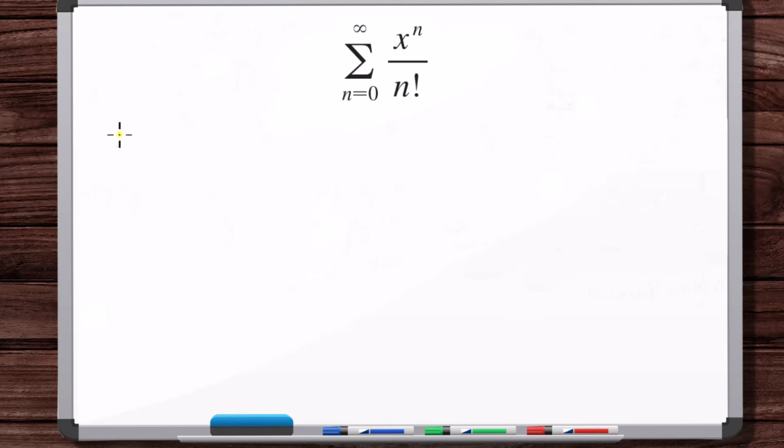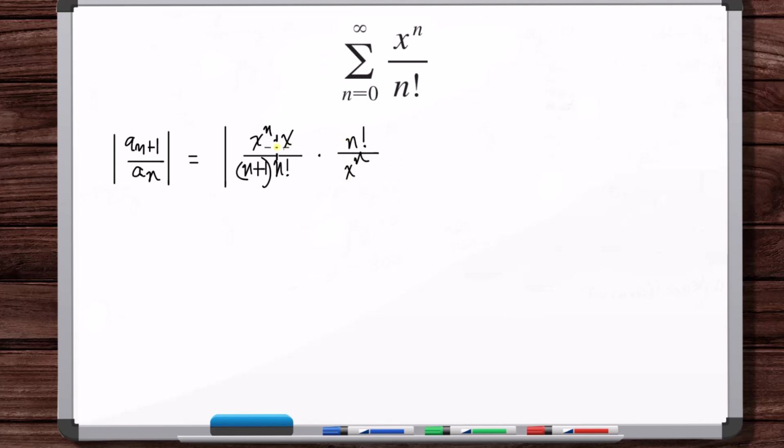All right, so ratio test. We can't just get rid of the absolute value like we did for the convergence testing. So x to the n plus 1, and n plus 1 factorial we're going to want to write like this. Oh, wait, we had the absolute value.